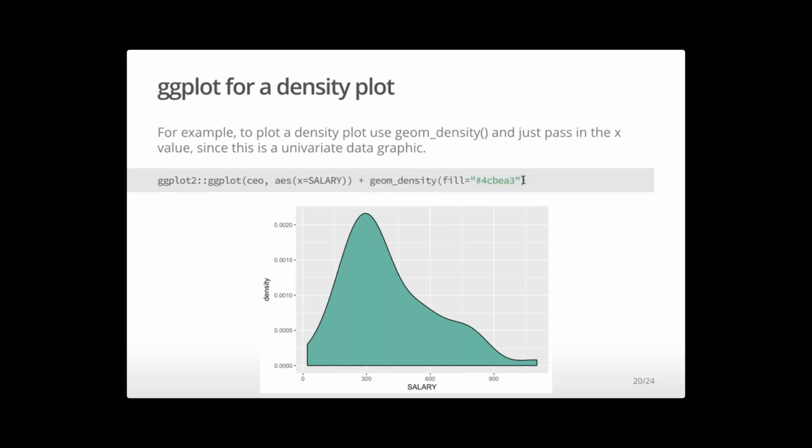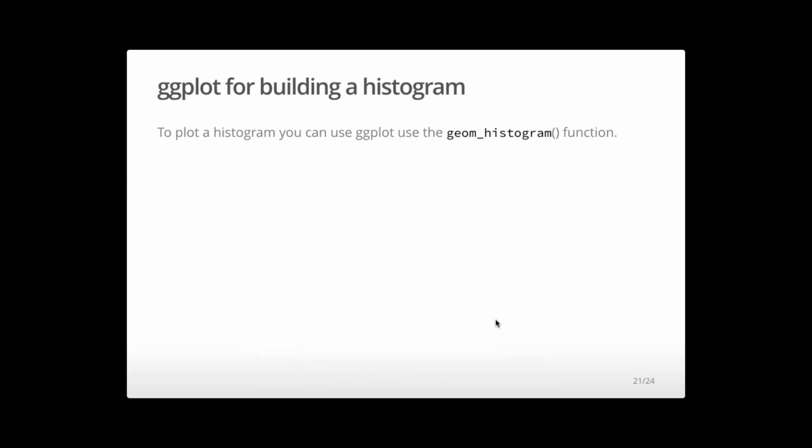So this is a density plot, and you can pass in a color if you want to fill it. Then there are a lot of other parameters you can add. You can say plus labels, and then you can start labeling your X and Y. You can start adding your titles. You can get rid of the grids in the background. A lot of other features that I'll go over when we're in class.